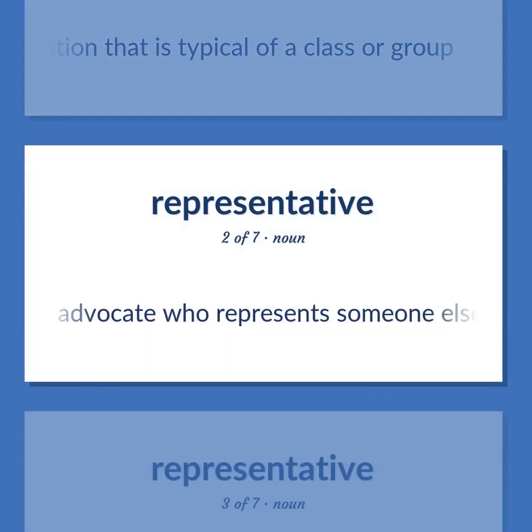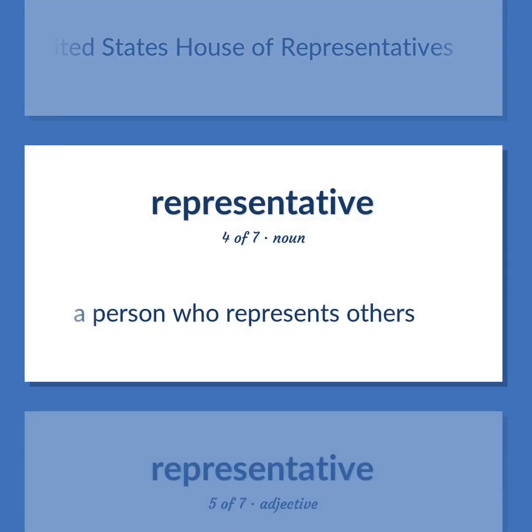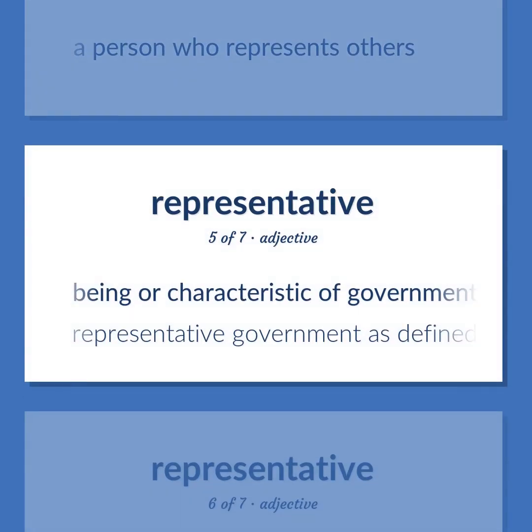An advocate who represents someone else's policy or purpose. A member of the United States House of Representatives. A person who represents others. Being or characteristic of government by representation in which citizens exercise power through elected officers and representatives.